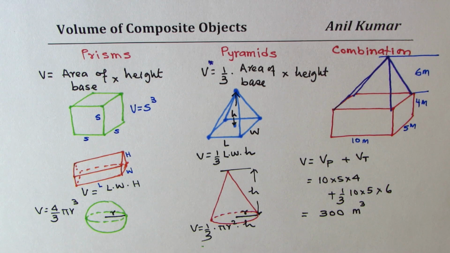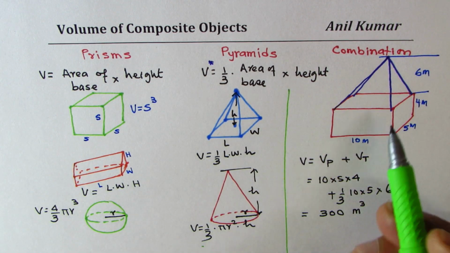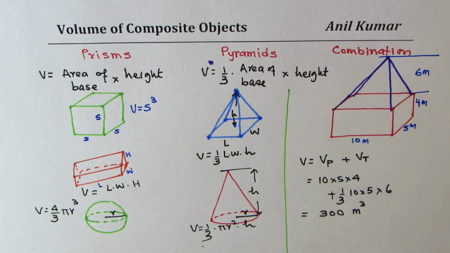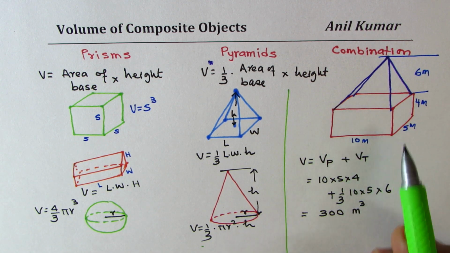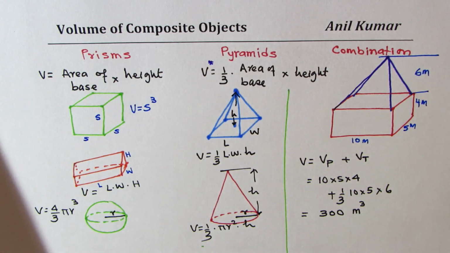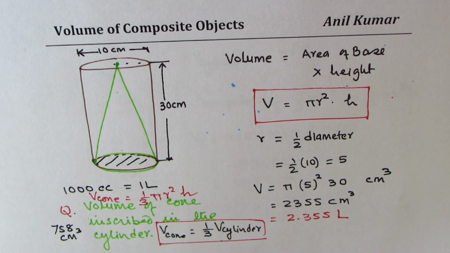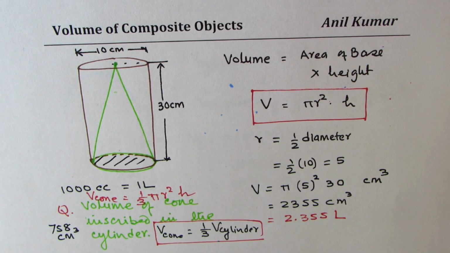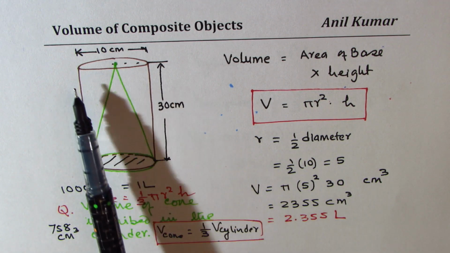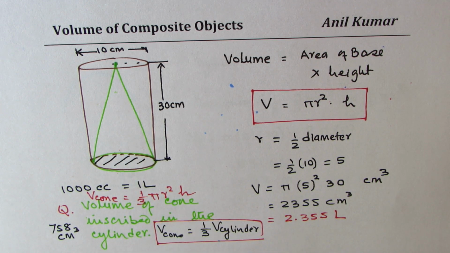Then we took an example with a combination of a pyramid on a prism. So if you have to find the total volume, you have to add them all. After that, we took a few more examples. We did the volume of a cylinder, and from there we derived the volume of a cone, which should be 1/3 the volume of the cylinder.